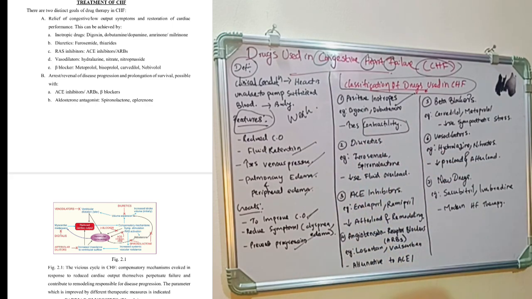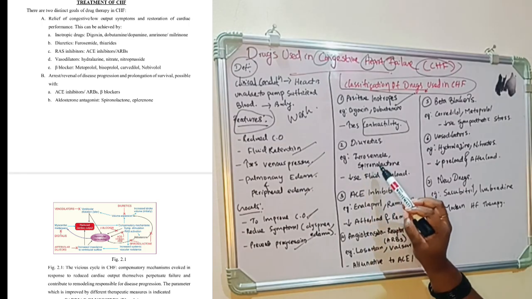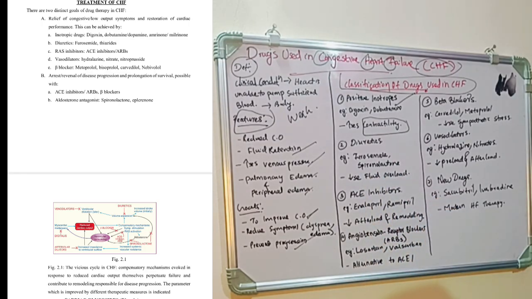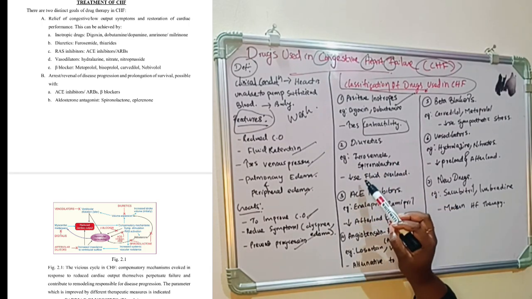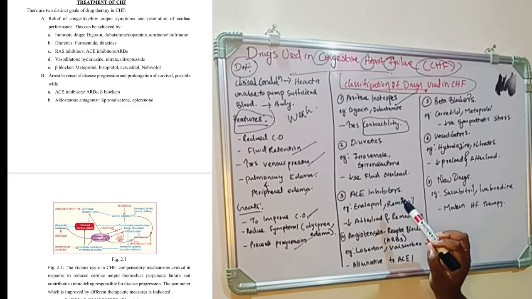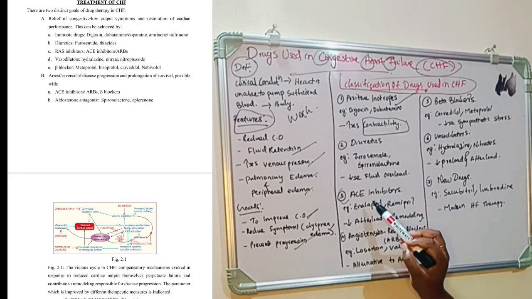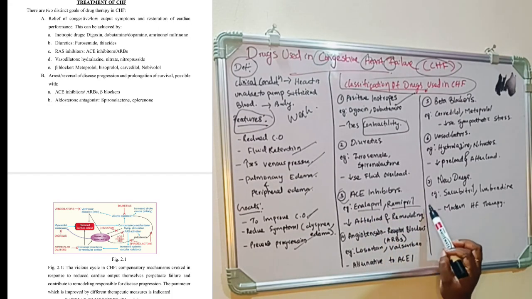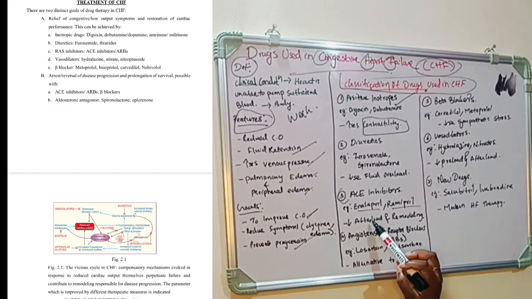The second one is diuretics, furosemide and spironolactone for example, which decrease the fluid overload. The third one is ACE inhibitors, for example enalapril and ramipril, which decrease the afterload and remodeling.